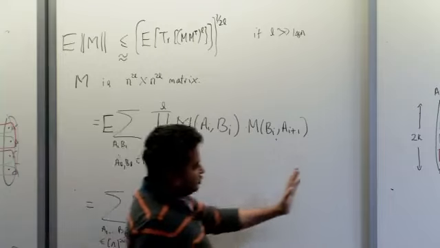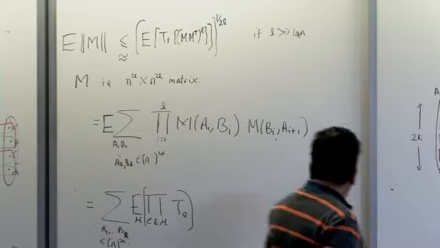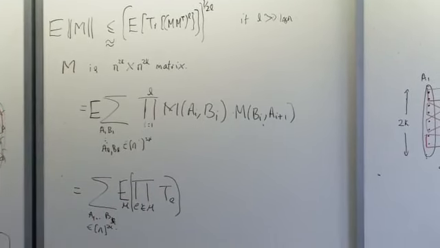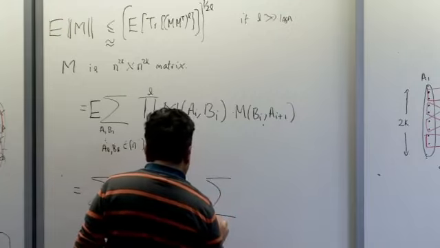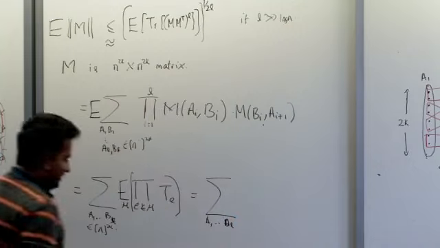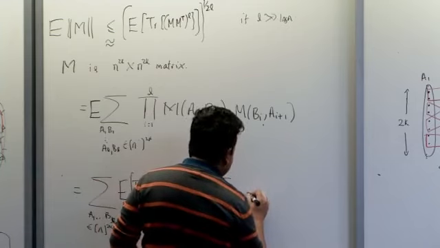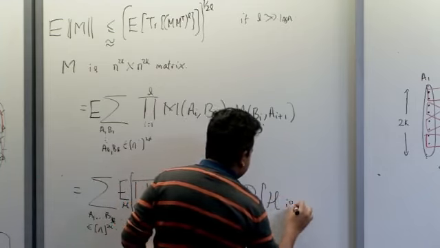And then once you stack the 2k tuples, you pick a random hypergraph between them, and then you get a term for that. This is all fairly straightforward, it just looks a little more complicated when you write it out. But now this just becomes the probability that the hypergraph is even.